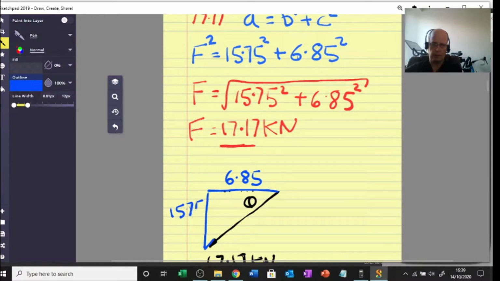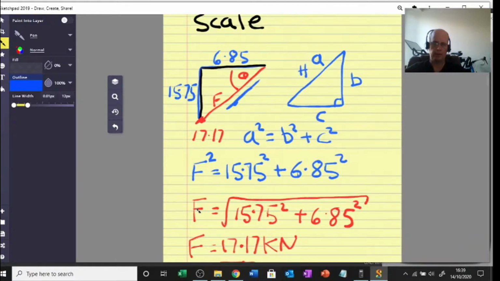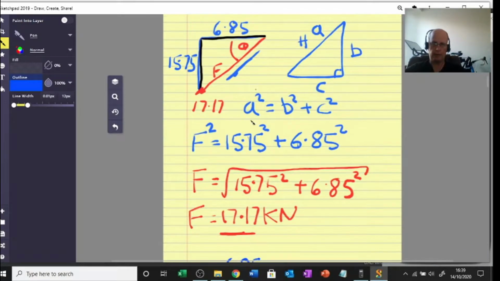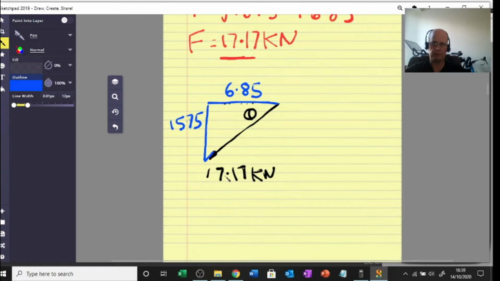And we know this is 17.17. Obviously, this is not to scale. So 17.17 kilonewtons, 15.75 and 6.85.